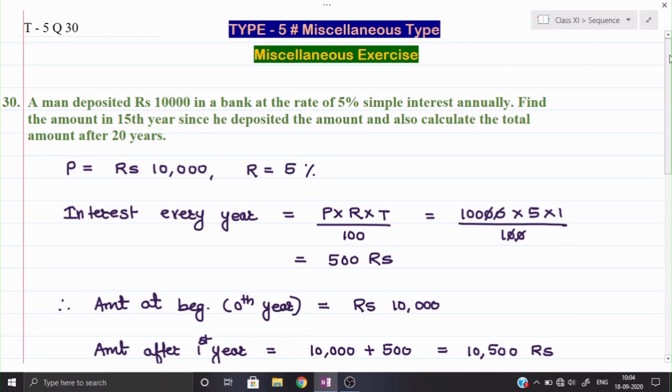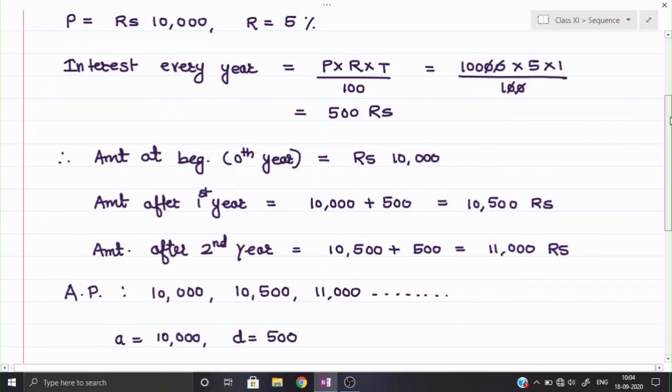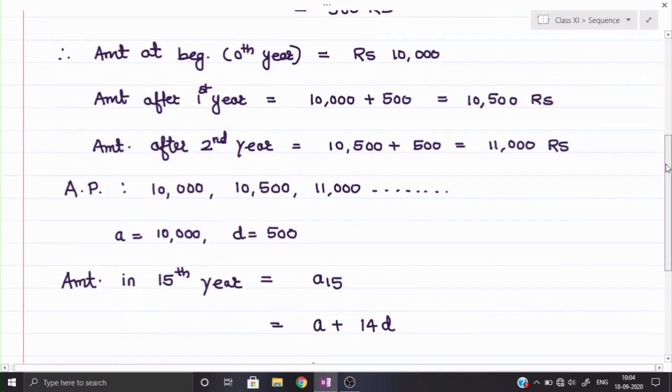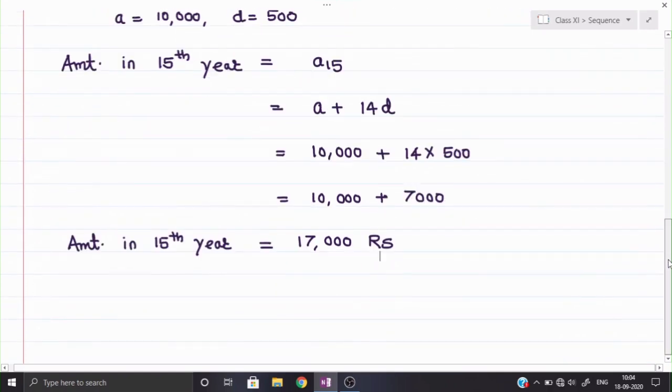So in finding the amount after 20 years, he is asking for the amount in the 21st year. So the value of n we shall keep here 21. Okay, so that minute difference is there, and we may get confused over here. We can keep the value of n equal to 15 and n equal to 20. So that care you need to take.